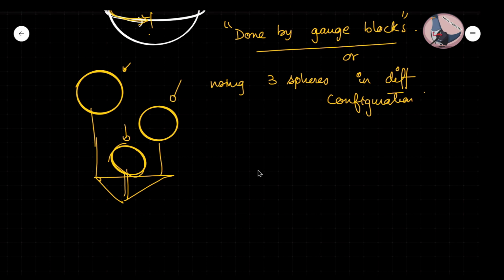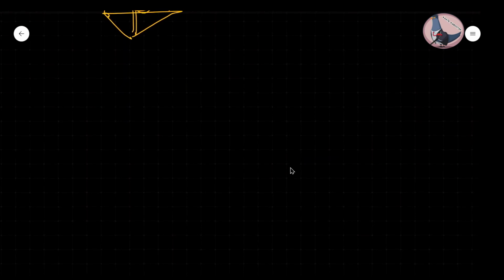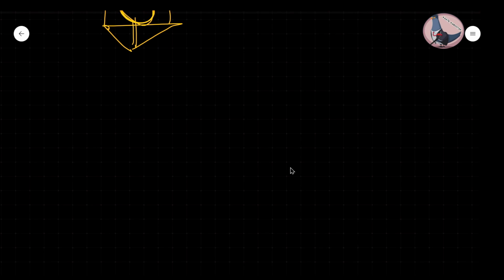Then there is something called positional accuracy. Positional accuracy is the ability to move and return to a specified position within the working range.